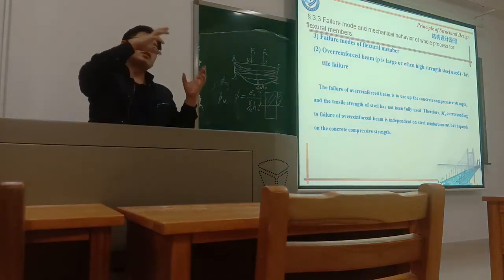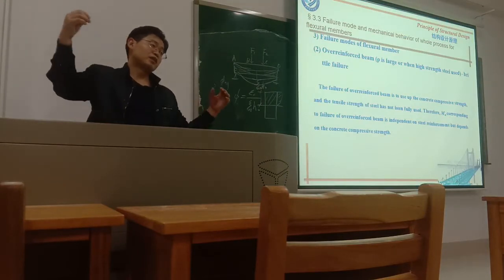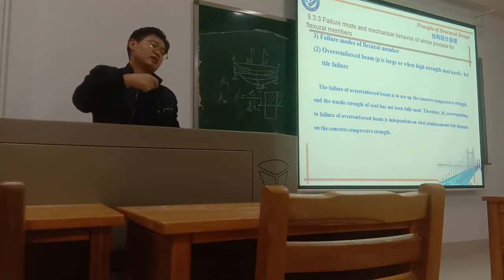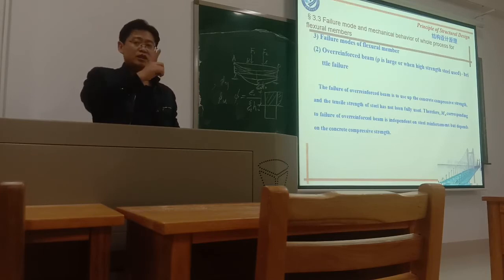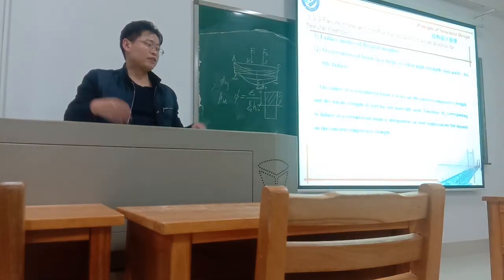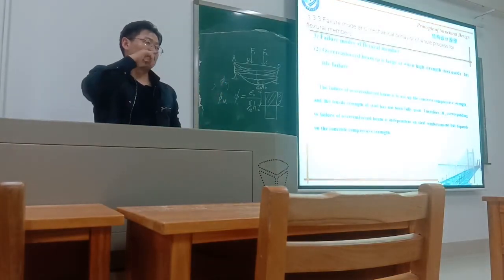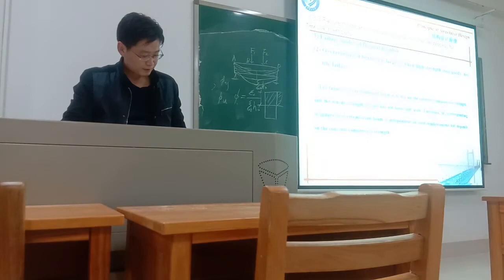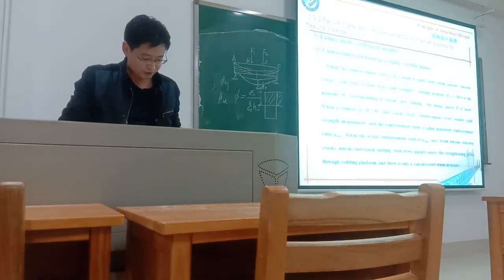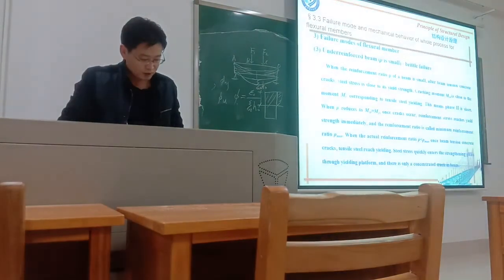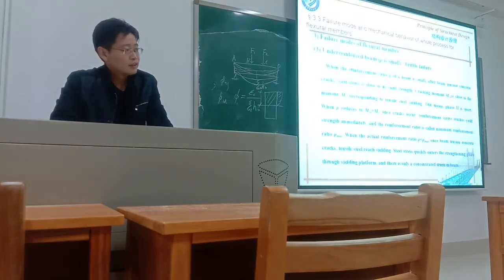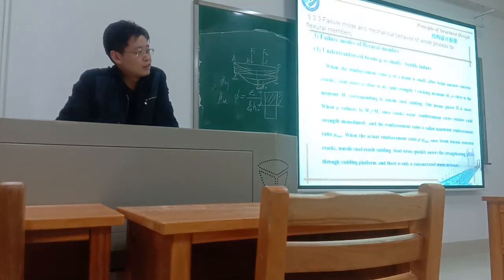The steel has not reached its yield strength, but the concrete crushes. It hasn't reached its yield strength, but it still cracks. It is phase 2. Phase 2 becomes very short. Phase 3 becomes very short. So the over-reinforced beam is phase 3.